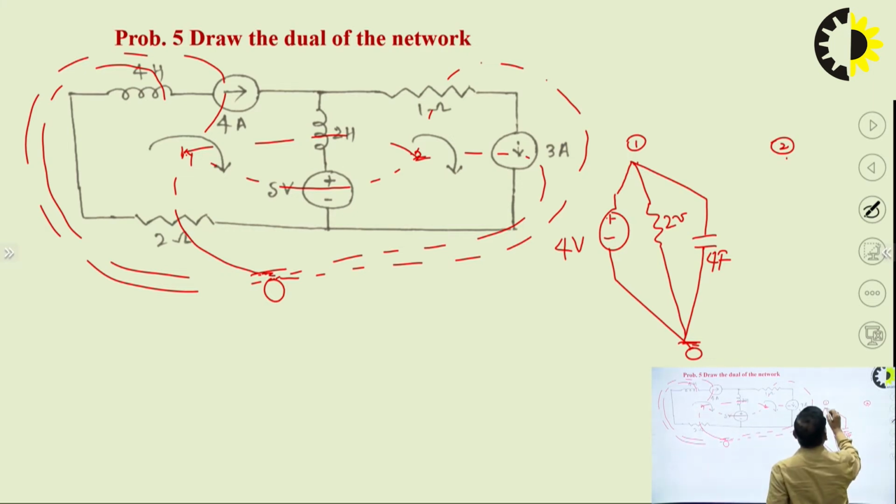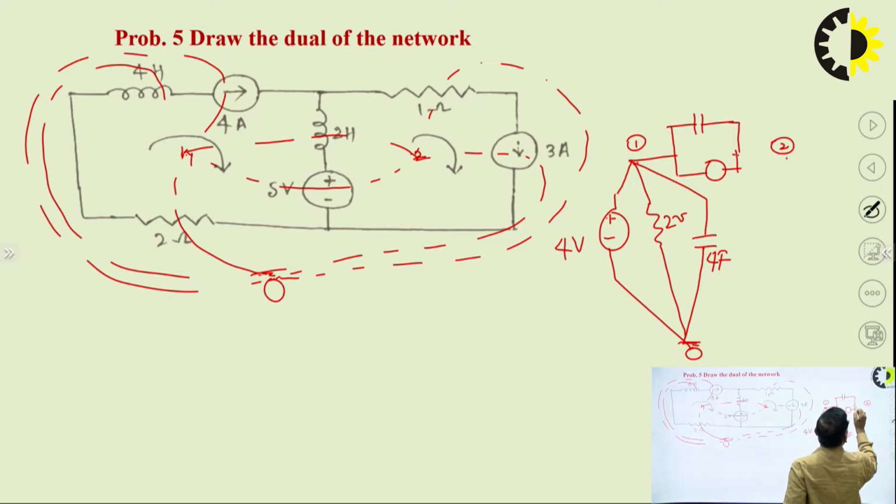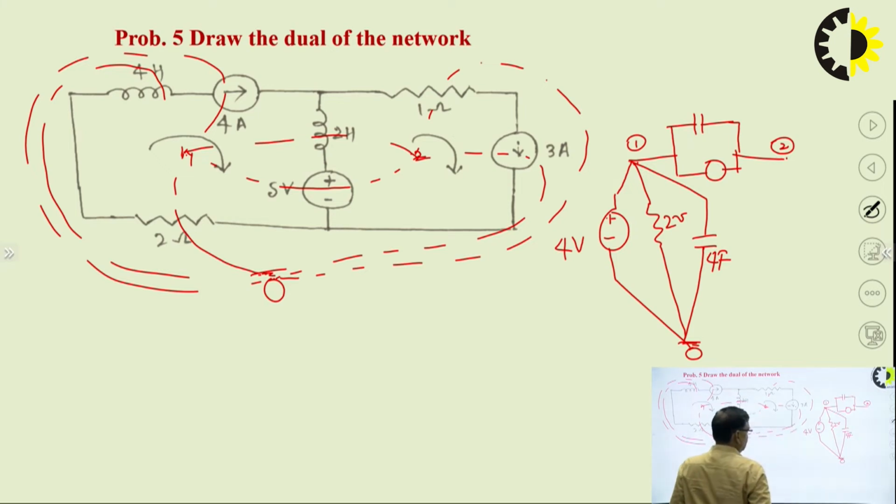So come here, 2 Henry, so 2 farad, then we have a current source. I will define the direction of this current source. Should it be from 1 to 2 or from 2 to 1? Let us decide here. Suppose this current is I1 and this is I2.